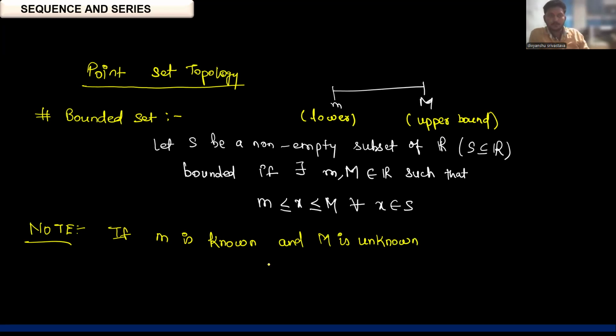Which kind of observation do you get here? If small m is known and capital M is unknown, then this is called bounded below. Okay, it is called bounded below and unbounded above.